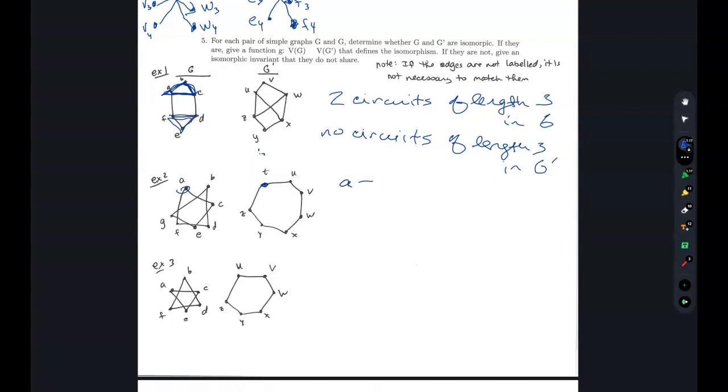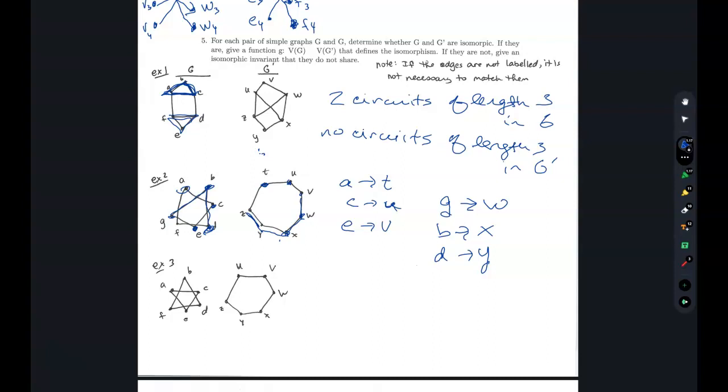Say the vertex A matches up with the vertex T, then the vertex C would match up with U, and then E would match up with V, and then moving on to G, that would match up with W, and then B would match up with X, and then D would match up with Y. Then here I get to Z, oops, where am I at?